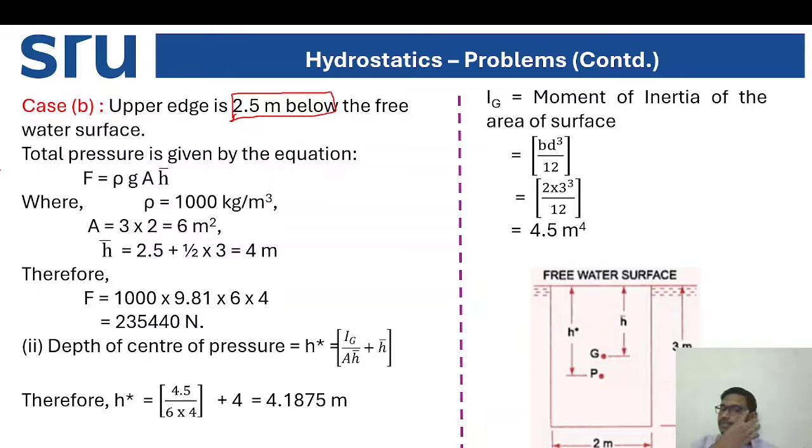See, total pressure is given by the equation F is equal to rho g A into H bar, obviously. Rho is equal to 1000 kg per meter cube, and area is equal to 3 into 2, 6 meter square, and H bar is equal to 2.5, that is the depth, plus 1 by 2 into 3, that is equal to 4 meters.